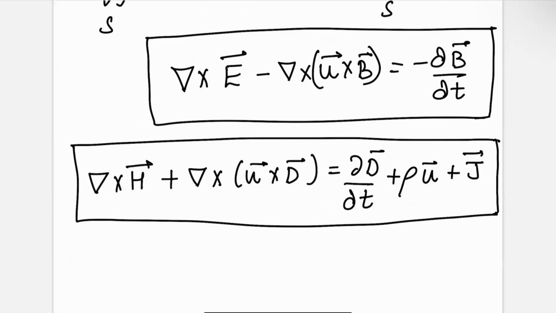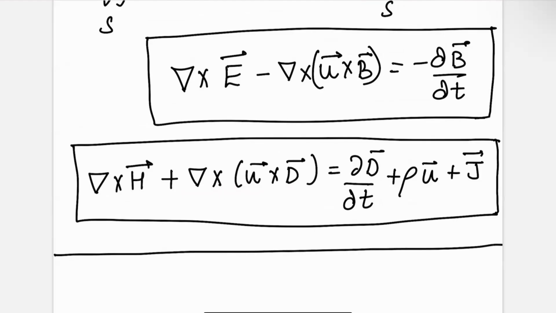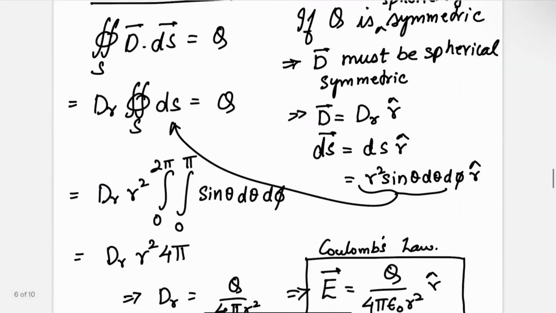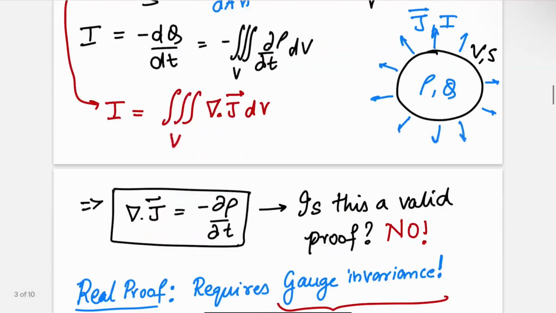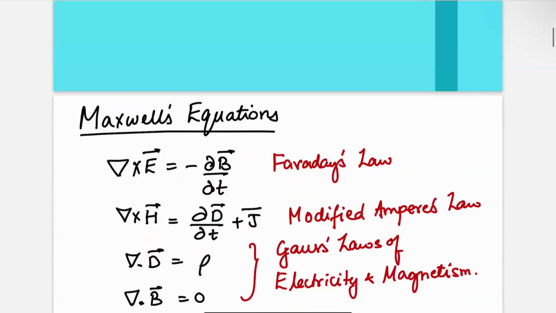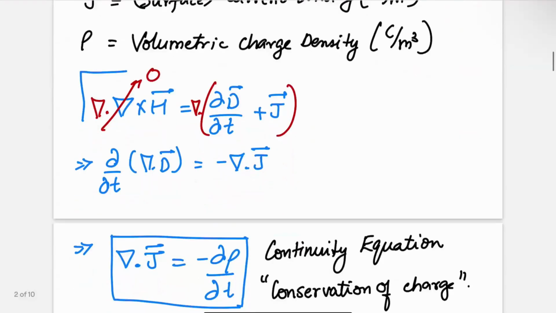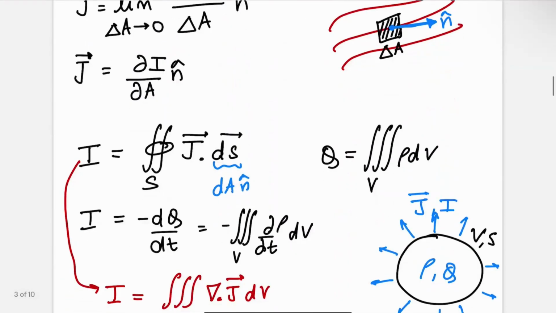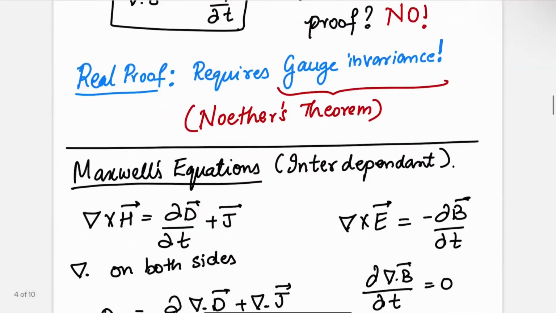Okay, so that concludes essentially what I wanted to discuss today with regards to Maxwell's equations. Just to summarize, we started with the point form, the differential form, and we derived the continuity equation and defined the current and charge densities.